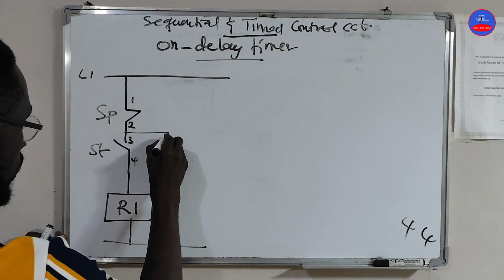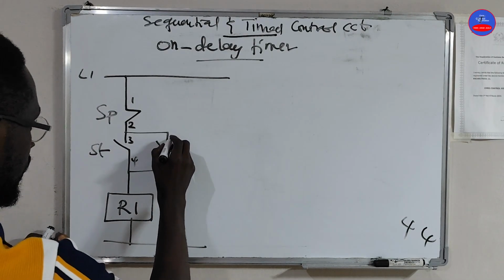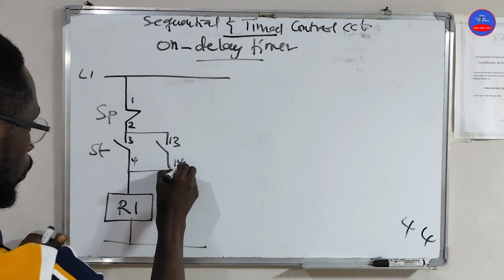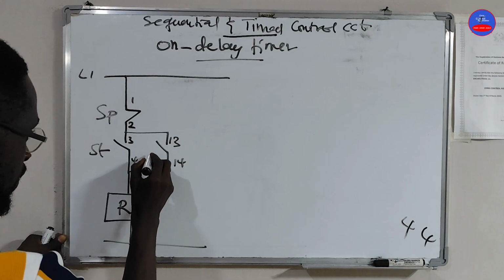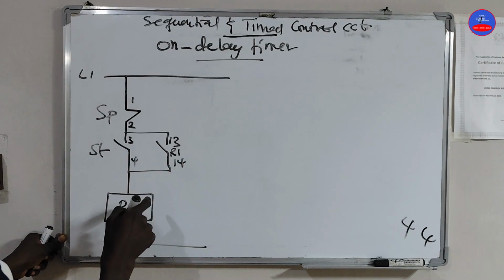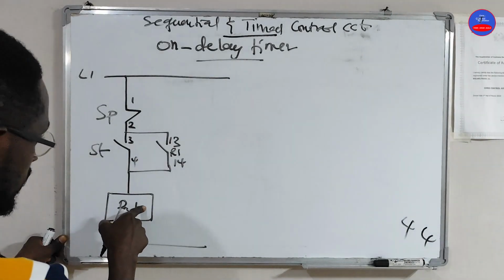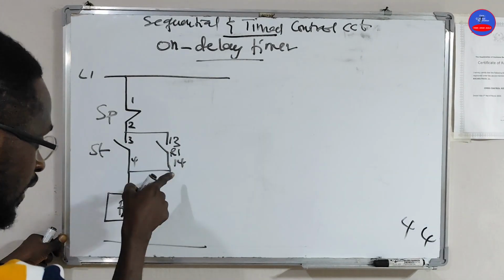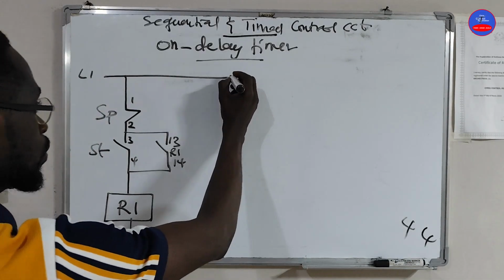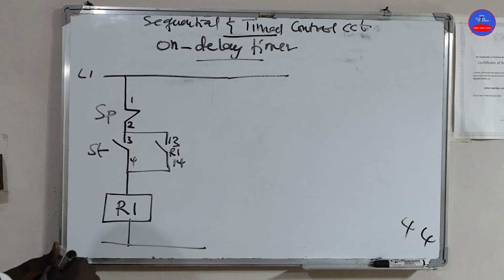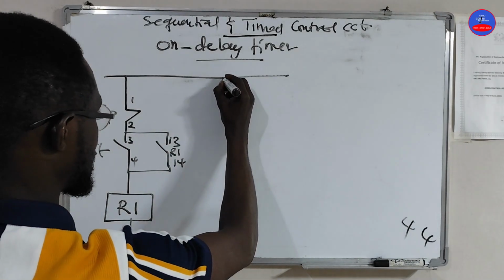This is an auxiliary contact, 13, 14, because it is a contact on this relay. Let's name it R1. If you don't name it, I will not see that it's a contact on this relay. So make sure you write the R1 here to indicate that it is a contact on this relay. So you connect another open contact on this relay in series with the timer.